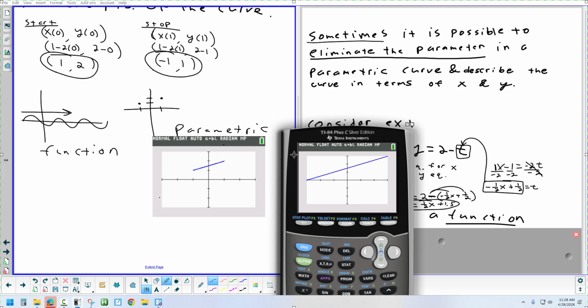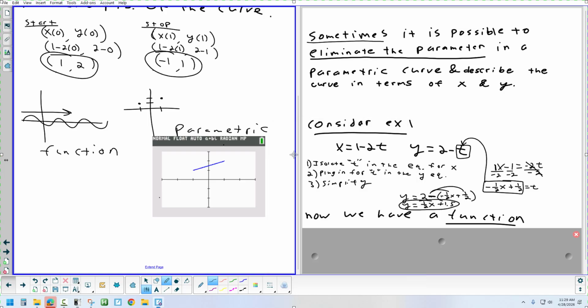Do the two graphs look exactly the same? Is this picture identical to that one? No, not quite. When you draw something as a function, the calculator draws it forever. When you draw something parametrically, it starts and it stops somewhere. This one is supposed to start and stop at two values we already know.